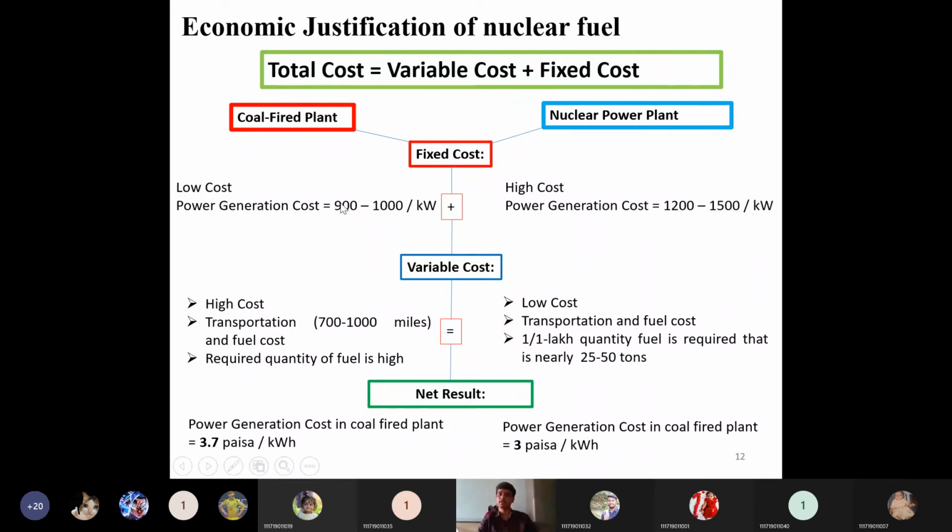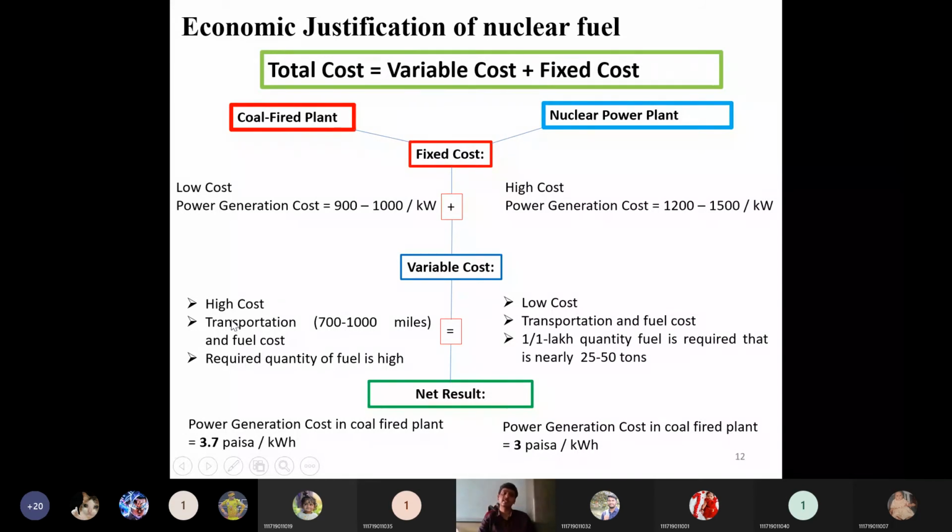It is a very minute quantity, nearly 25 to 50 tons. For coal, 1 lakh tons is required to generate the same electricity, whereas here 25 to 50 tons only.